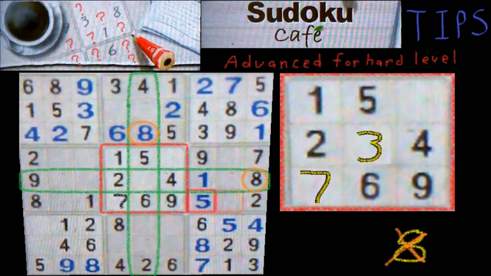So the 3 is going to go in that center spot right there. And of course, last but not least, that means now that the 8 is the only number left, the 8 has to go up in the corner, the top right corner there. And that is how we go about solving that square of 9.